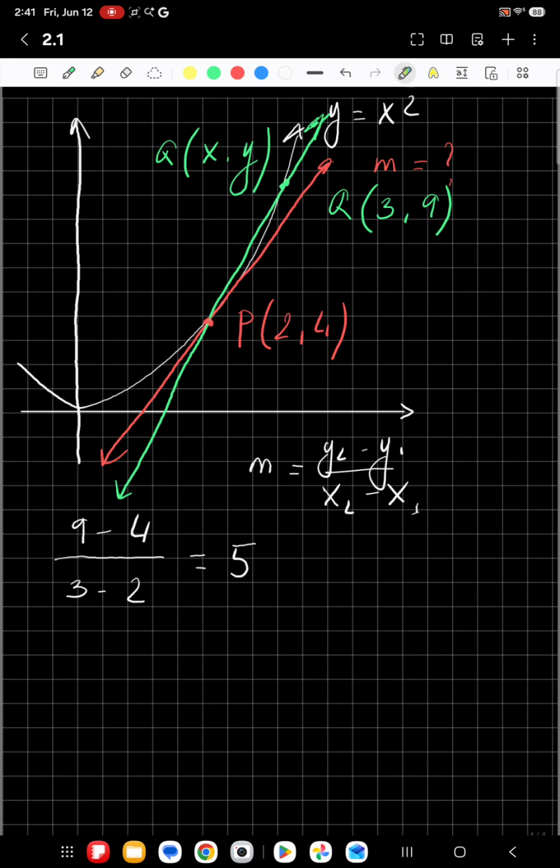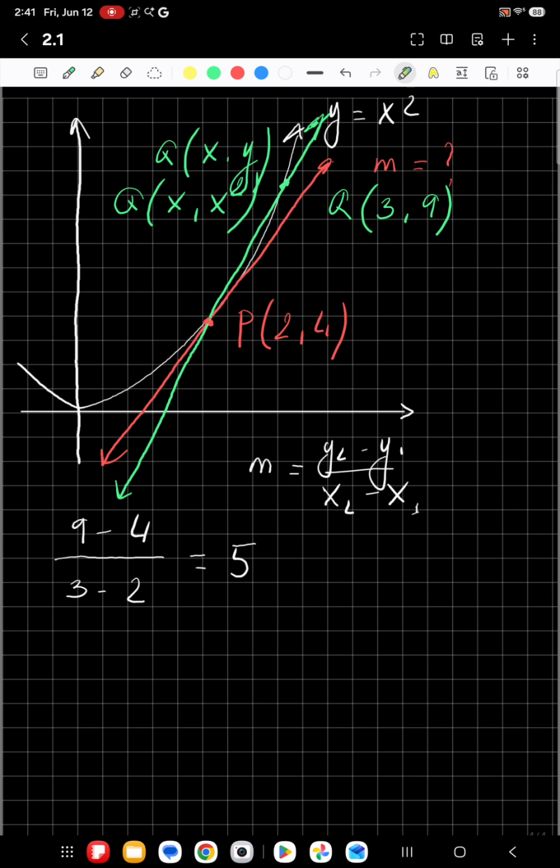So I'm going to replace that y with x squared, and my point Q will have coordinates x, x squared. It's a bit messy, but I hope you see that square right there.